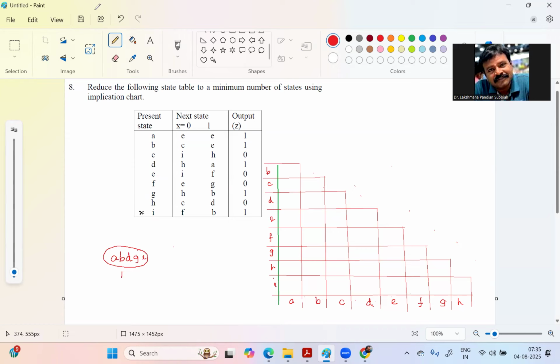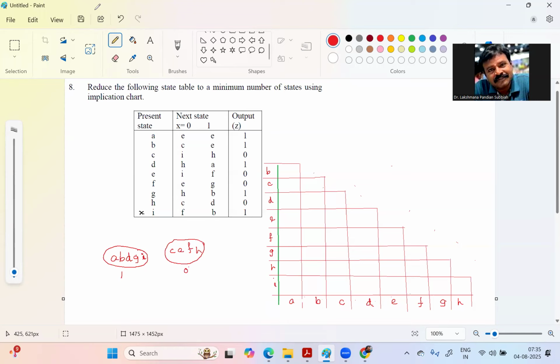Then C, E, F, H: these are output zero. Next state pairs like E, 2, 5, 3, 5, G and I are noted.